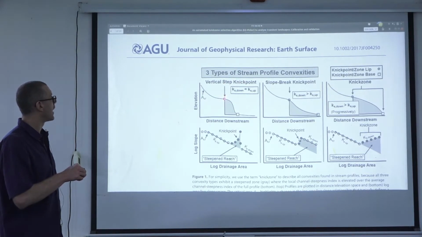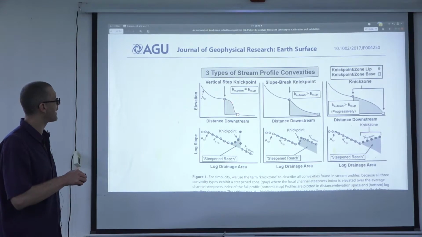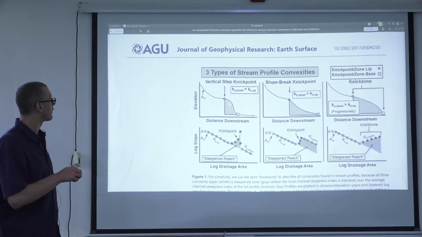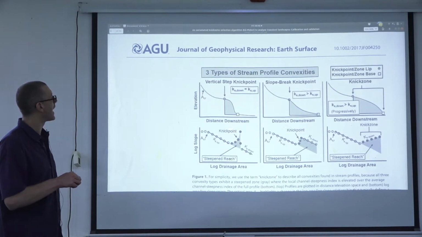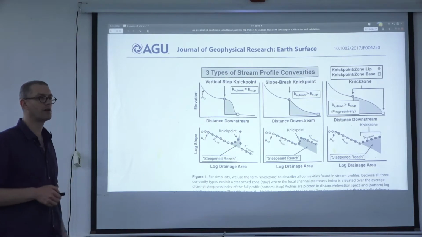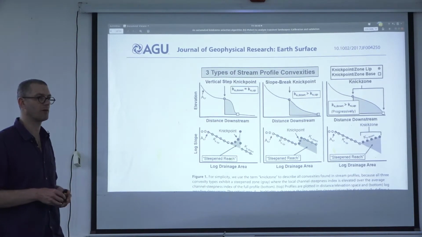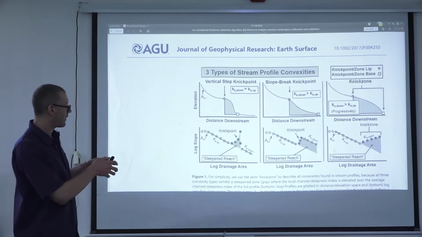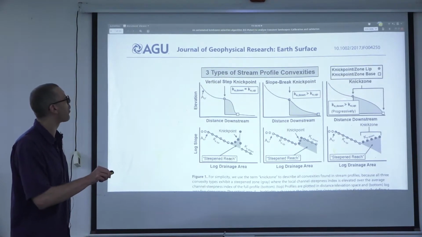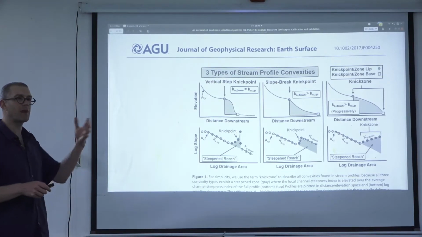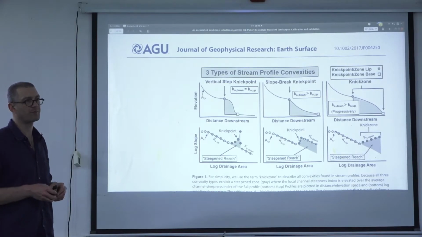So you essentially have a concavity, and then you drop down in this part. So this is a diffusional process that occurred here, and then you have the waterfall. And they would look something like this in a log slope, log drainage area plot, okay? So these are different types of nick points, nick zones that can be associated with different processes.